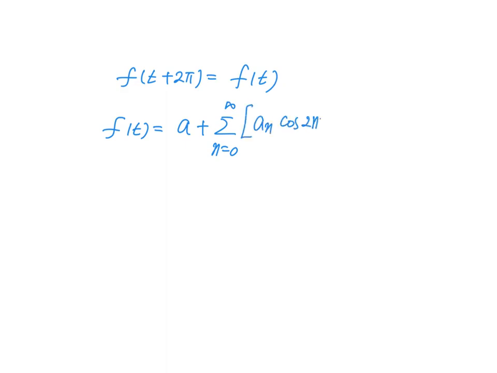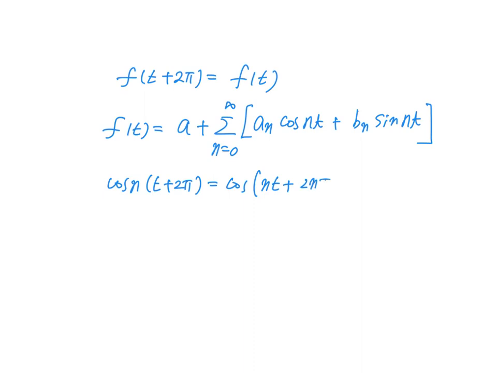cosine nt, sine nt. Then obviously cosine of n t plus 2 pi is cosine nt plus 2n pi, same as cosine nt, right?